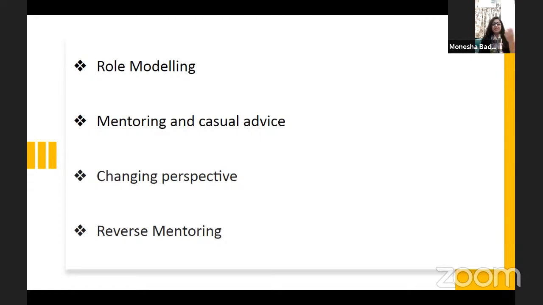So that is what a mentor does. A mentor can see the potential in you which you cannot see. A lot of us, when we are dealing with situations, we are in the situation. We are just dealing with it, just reacting to it.